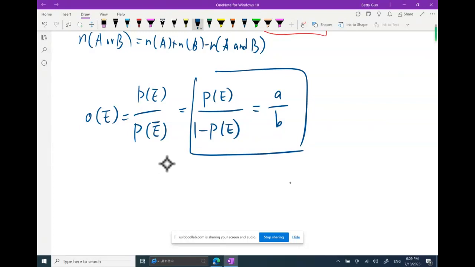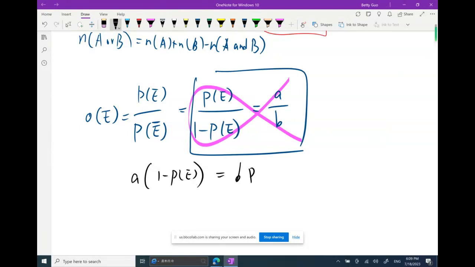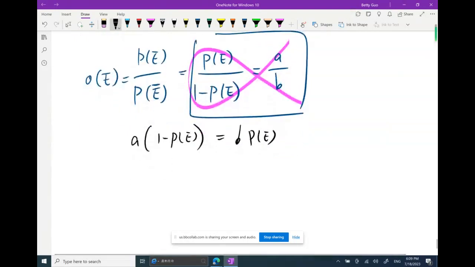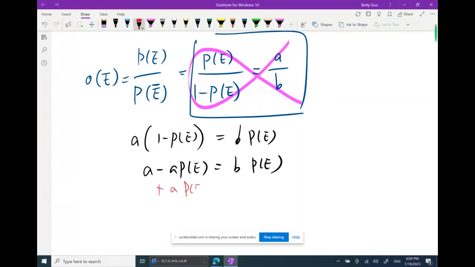Then we have A times 1 minus P of E equals B times P of E. And A minus A P of E equals B times P of E. And then we add A times P of E on both sides.